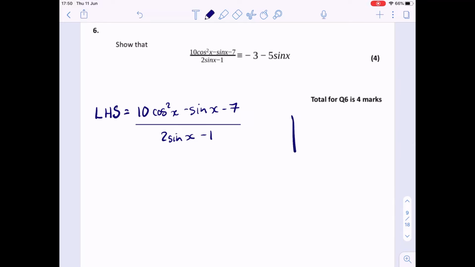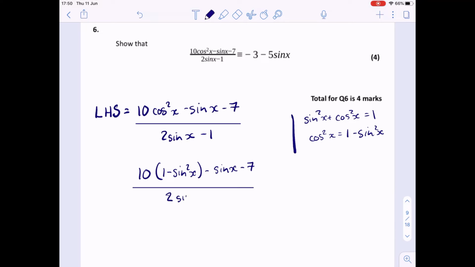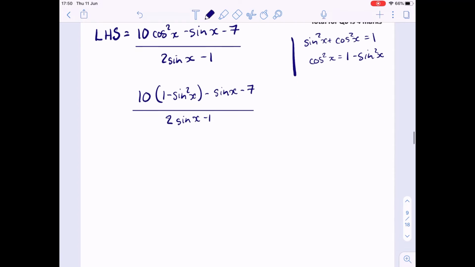Now if I think back to sine squared x plus cos squared x, well, that equals 1, so I can replace cos squared x with 1 minus sine squared x. So I'm going to say that 10 is now times by 1 minus sine squared x. So this is a clear demonstration and showing that I am using one of the identities. Okay, over 2 sine x minus 1.